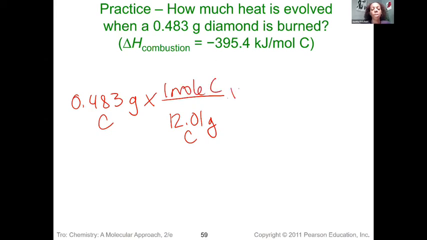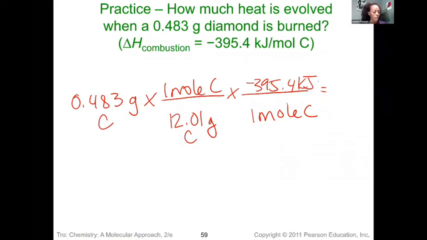And then we can use this enthalpy of combustion, this heat of combustion that's provided for us, and say that 1 mole of carbon translated into a conversion factor is equal to negative 395.4 kilojoules. And we plug that in, and we get 0.483 times 395.4 divided by 12.01.